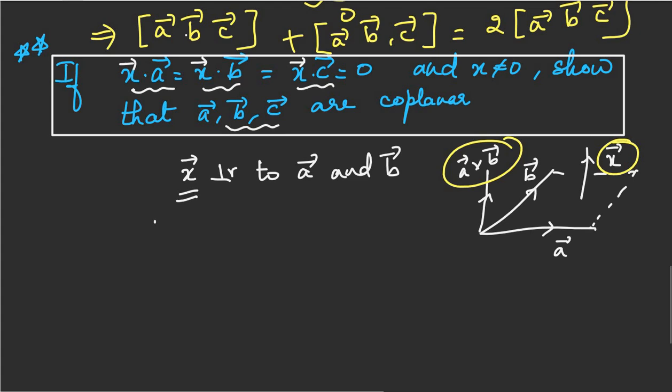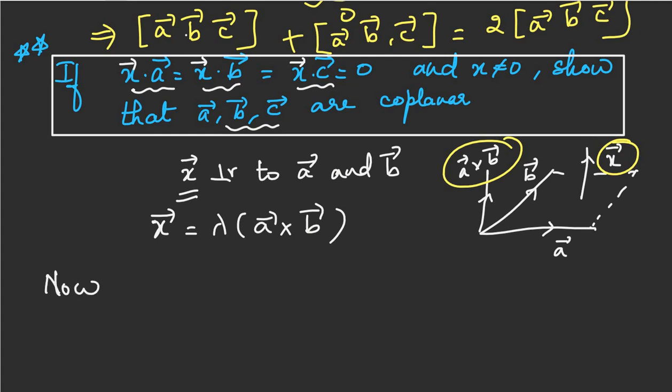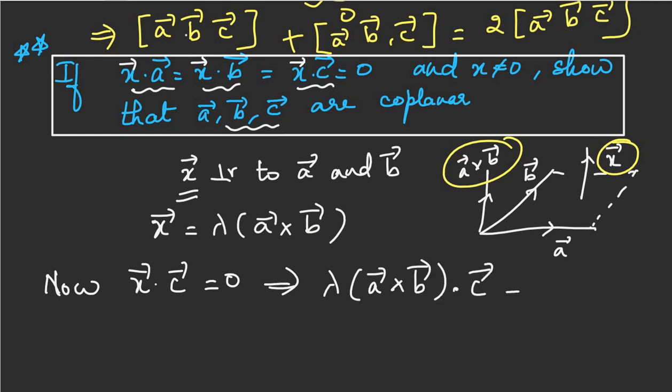So I can write x vector is equal to some scalar lambda times A vector cross B vector. Now x dot C is equal to 0 implies lambda times A cross B dot C is equal to 0, where I have substituted the value for x.